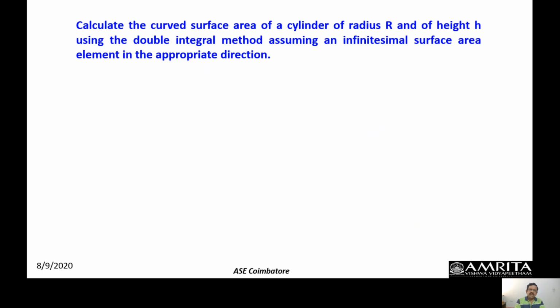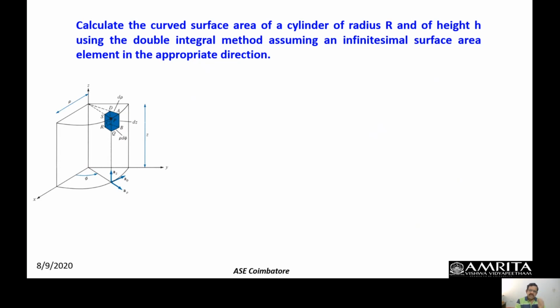Okay, so first thing, when such a problem is given, again you bring the illustration into play, and the illustration comes back. So this is one octant of a cylinder that is shown, and this is the infinitesimal surface area element, and here we are going to get the curved surface of this cylinder, which means what is the direction that is going to be taken into play.